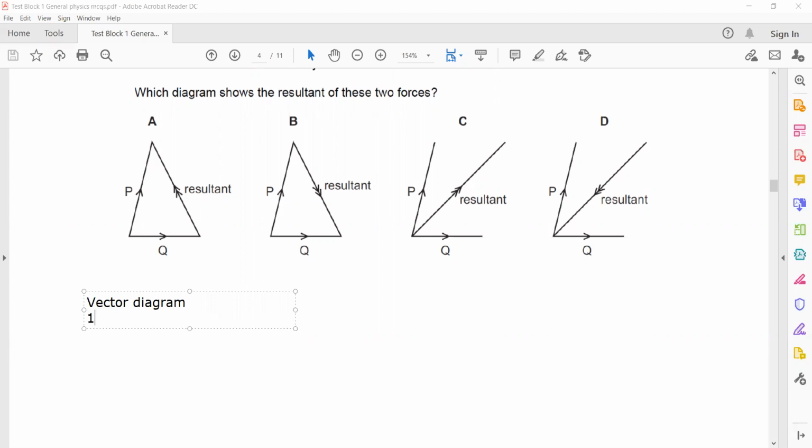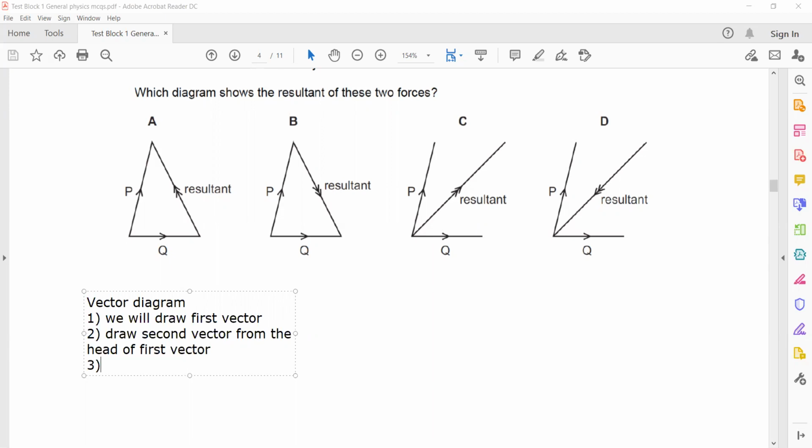First, we draw the first vector. Then draw the second vector, or second force, from the head of the first vector.